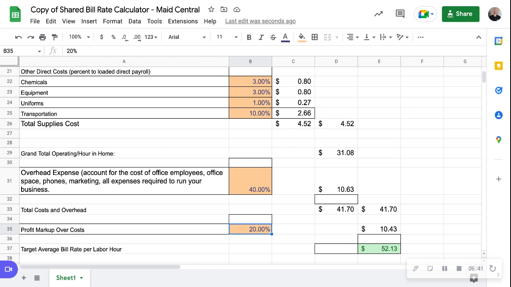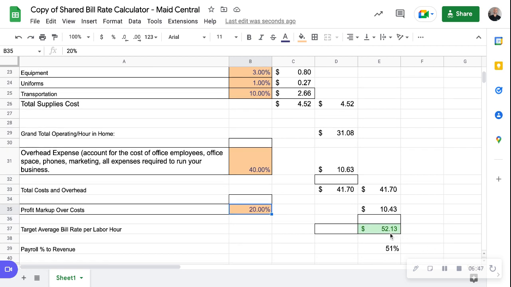But if you want to make 20% margins, you'd want to mark this up another 10.43. So your target bill rate would be 52.13. You can round that up to 53, round it up to 55. But that's really what it would cost if you wanted to make a 20% profit and be able to operate at scale with the expenses of running a professional cleaning company.